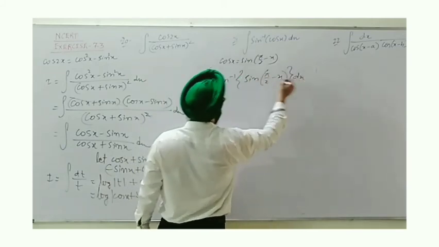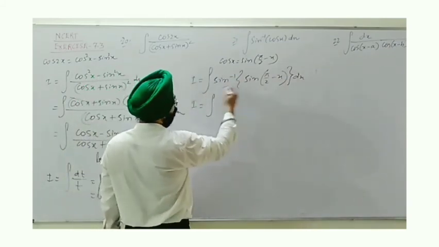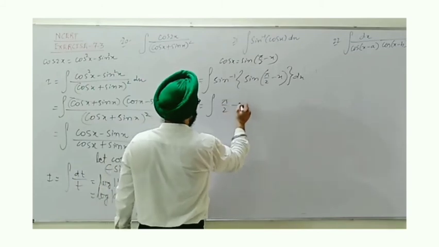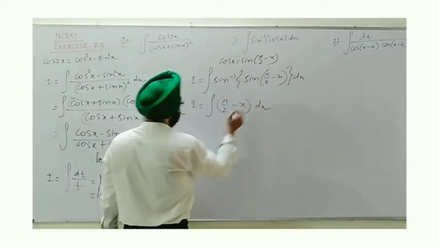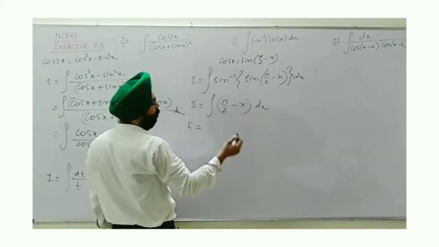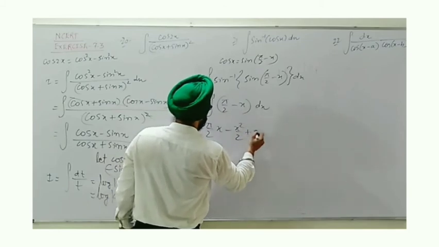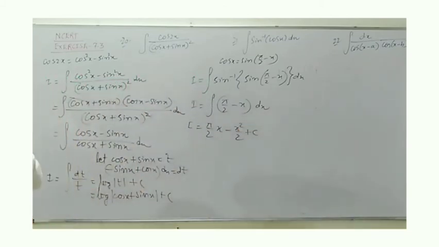As no limitations are given, once we do this we have the cancellation rule of inverse trigonometry, left with pi by 2 minus x dx. These are both very conveniently integrable functions, and we can write this as pi by 2 x minus x square by 2 plus c. That's all.